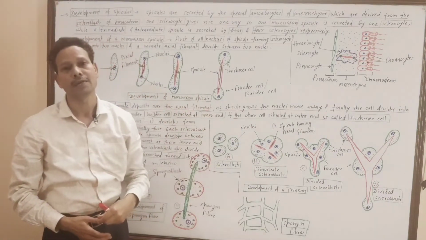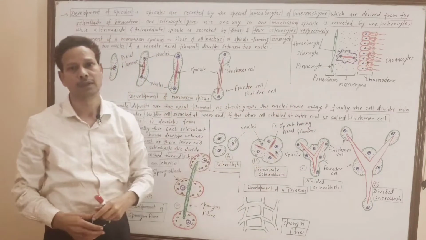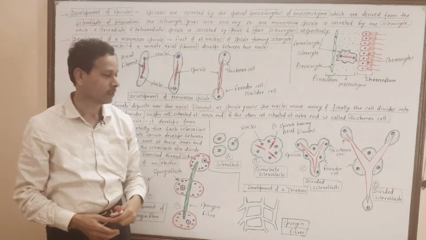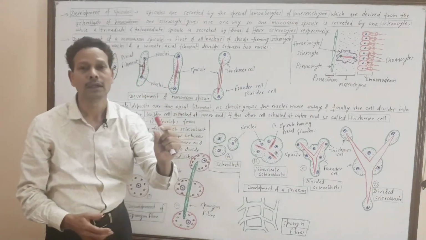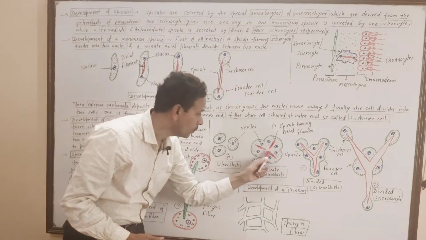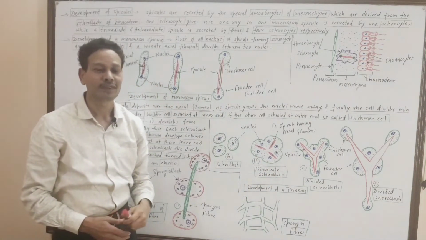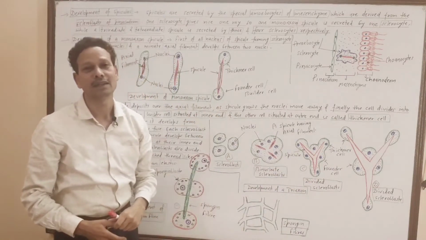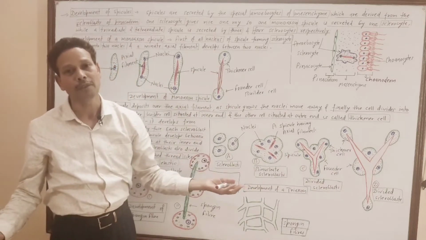Nuclei of each cell divide, so each cell becomes binucleated. Between these two nuclei, axial filament is formed. These axial filaments grow towards the center line, and finally they meet and fuse in the center. As a result, a triaxon spicule is formed.